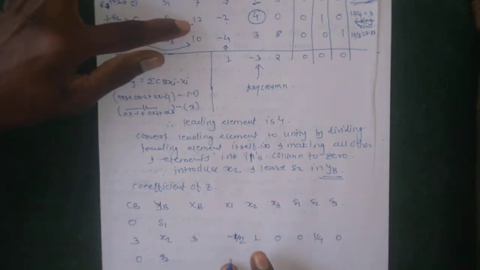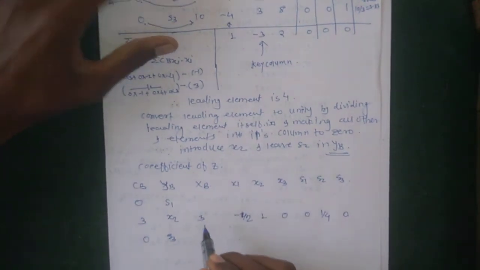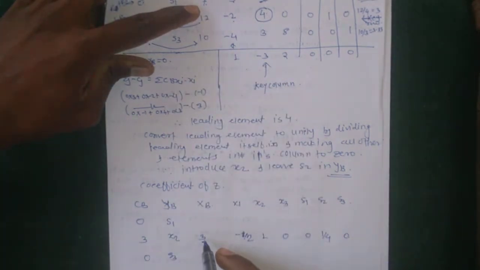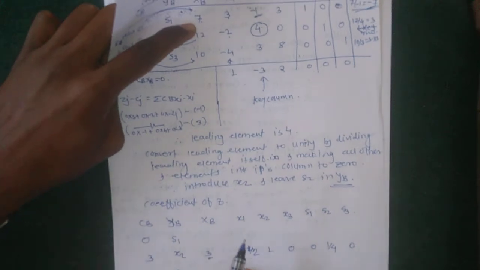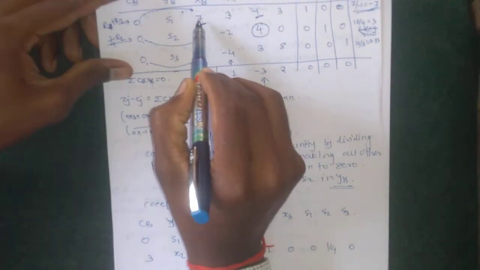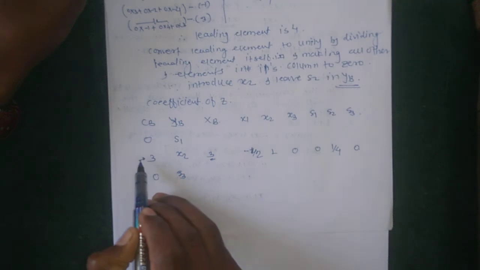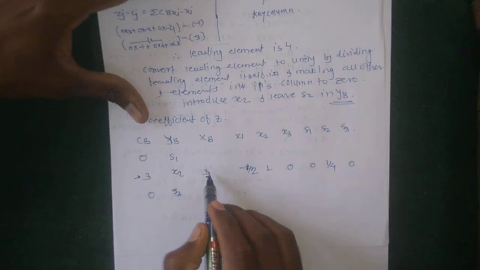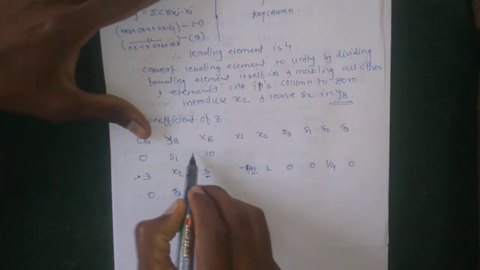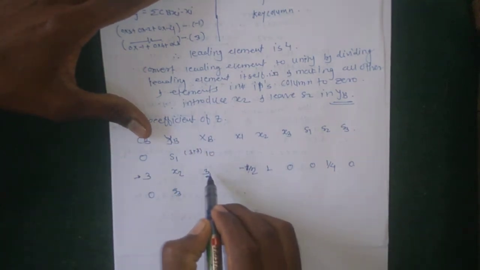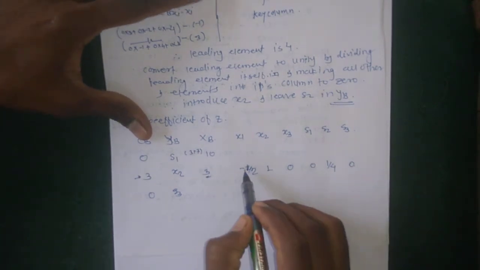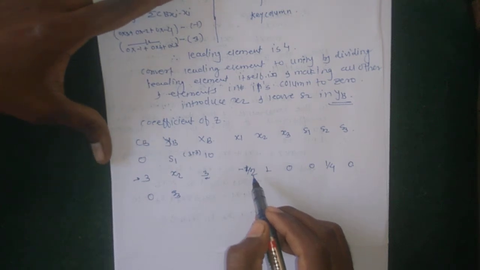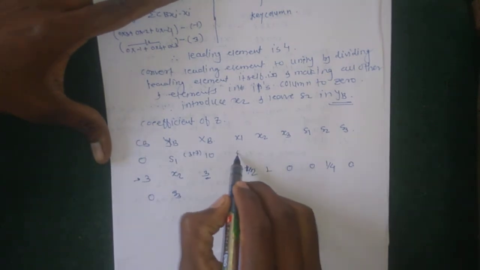Using this for 3 plus 7, this is 3 and this is 7, R1 plus R2. Here this is the R1 column and this is the R2 column. So R1 plus R2 we get 3 plus 7, 10. For the second, 3 plus minus 1 by 2, 3 minus 1 by 2 we get 6 minus 1 means 5 by 2.